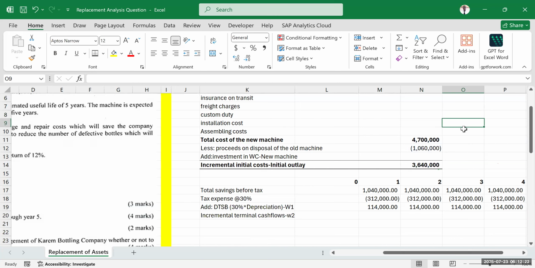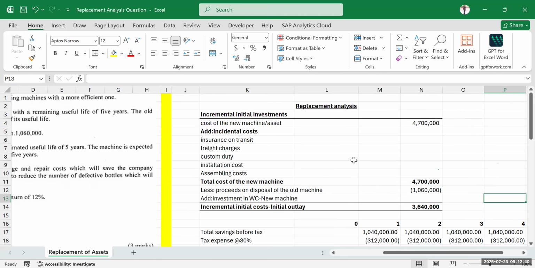And I have a question. Yes, we are going to have an incremental initial cost of 3,640. But then, is there a tax implication?